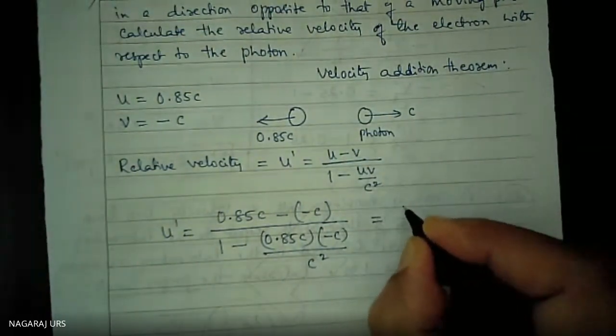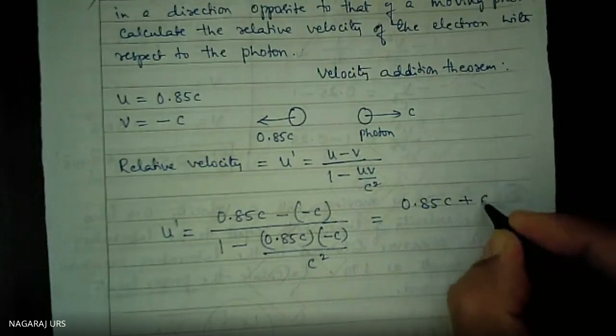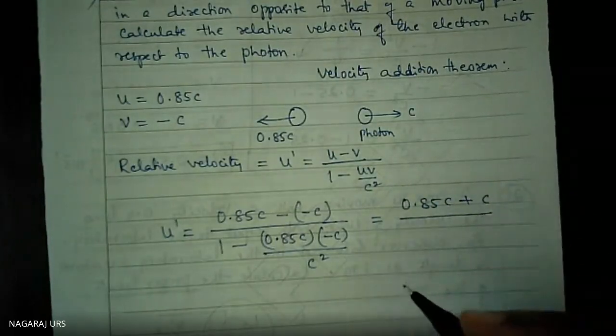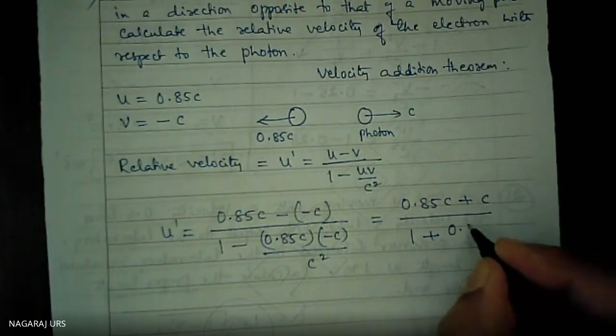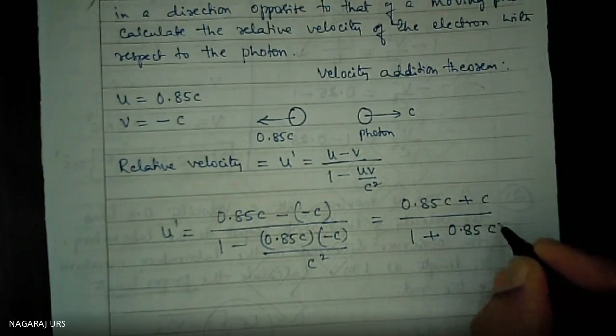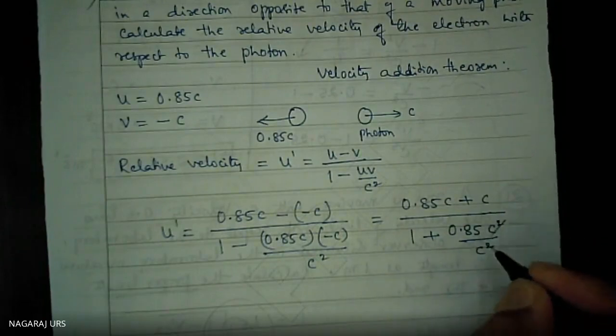That is equal to 0.85 c plus c divided by 1 plus 0.85 c square over c square, get cancelled.